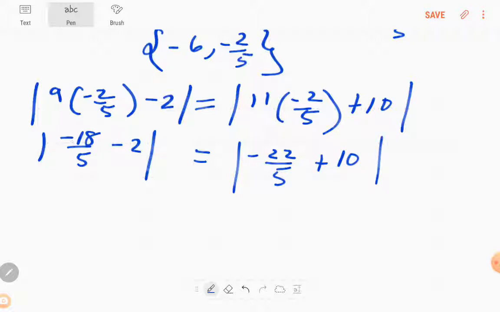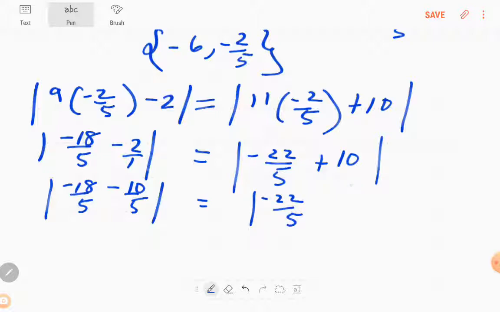So this is like 2 over 1. So this becomes minus 18 over 5. Well, the LCD is 5, so this would be 10 over 5. Is that equal to the absolute value of minus 22 over 5? Again, the common denominator would be 5, but then this is 50.